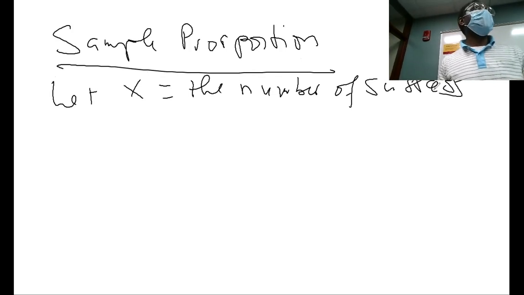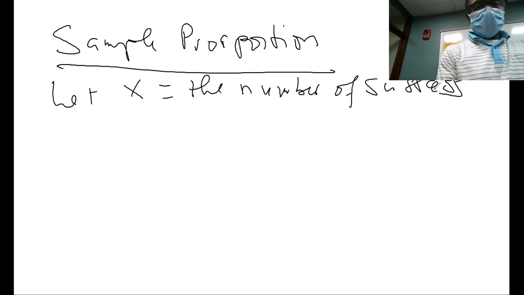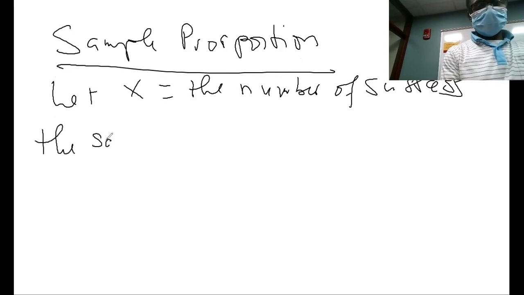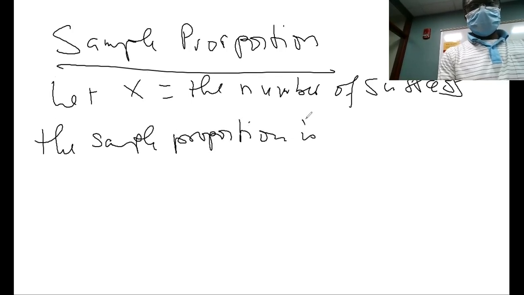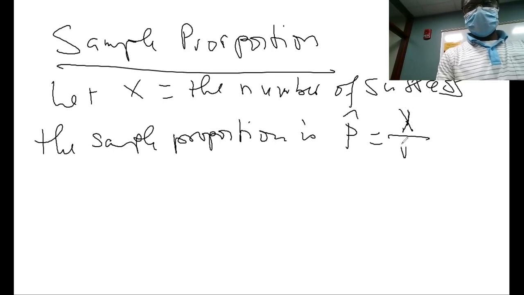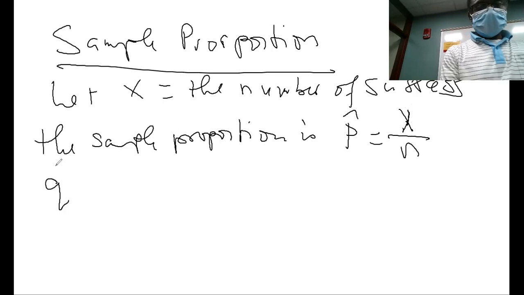What I call number of successes is the number of people satisfying a certain characteristic. For example, the number of people that have a certain disease, or the number of people that feature some qualities, that is what we will be calling success. The sample proportion is P hat equals X over N. And Q hat is 1 minus P hat.